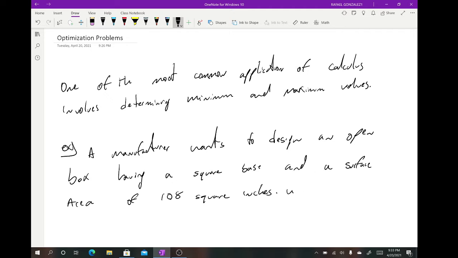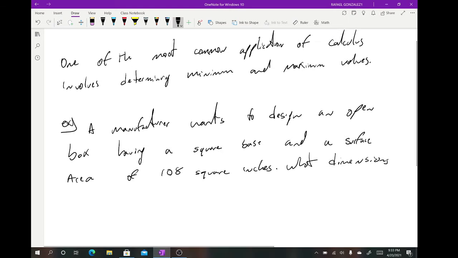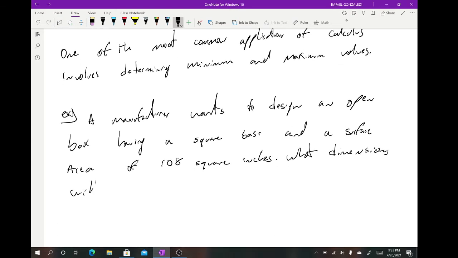Now, the question is, what dimensions for the box will produce a box with maximum volume?